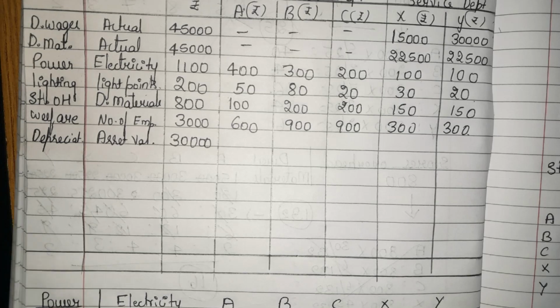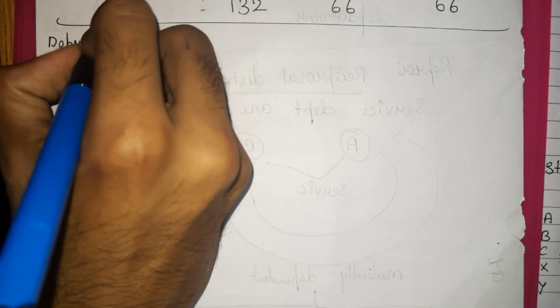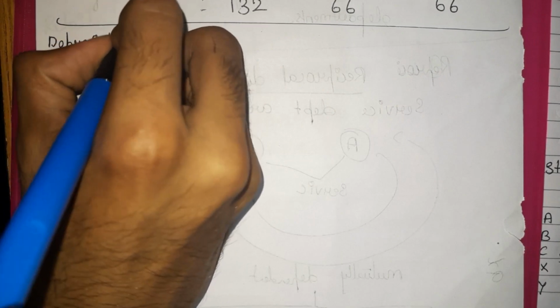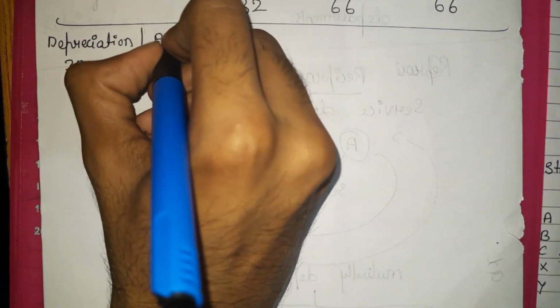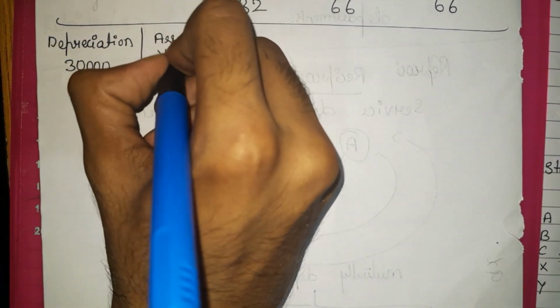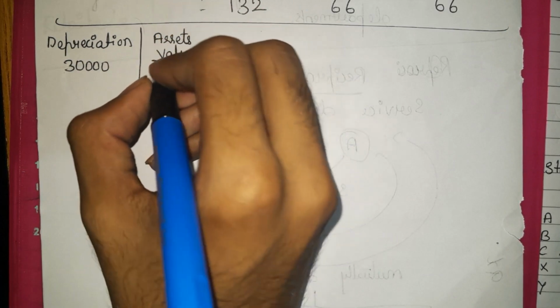Here we are doing it for depreciation. The total depreciation expense is 30,000, on the basis of assets value. So what is the total assets value?